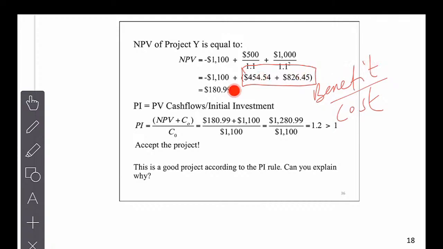So I put it in my calculator and I got this number. To just get this, I have to add back the initial investment. So that's what the top is. So this is to facilitate your calculations. Use your calculator. So get your NPV and add back the initial investment.